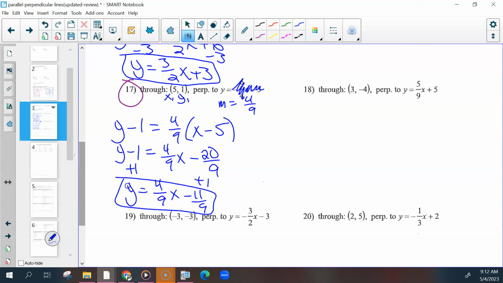Are there any others in this section we want to go over review? If none, then you have the rest of class to be practicing this, going back and doing Khan Academy, Unit 8, or any of the ones on the board.